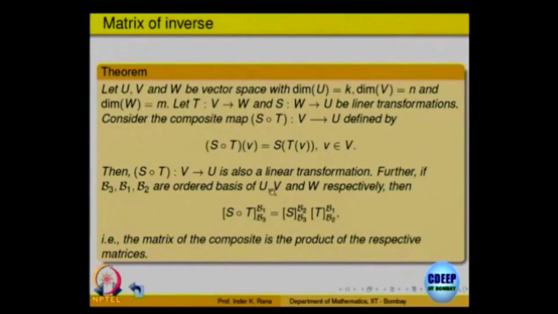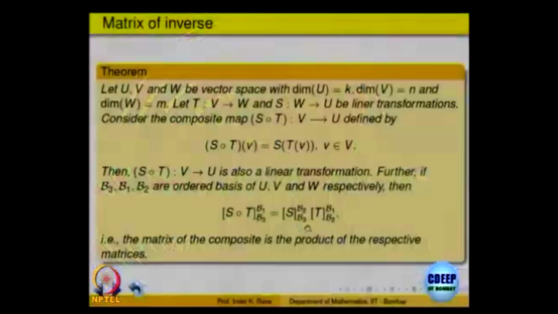The theorem says the matrix of the composite S composite T with respect to B1 and B3, B1 being on the first one, B3 on the last one, is the same as the matrix of S with respect to B2 and B3 multiplied with the matrix of T with respect to B1 and B2. So the matrix multiplication that we defined in a funny way in the beginning, where you take this row, this column, add, and you get the ijth entry, actually comes because of this reason. Because that is the matrix for the composite, that is how it should be.